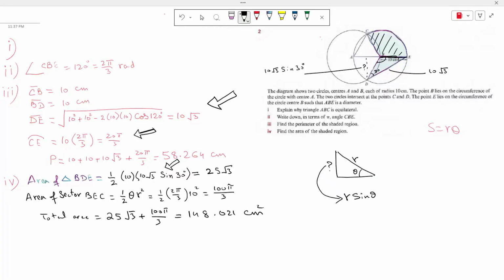And of course the area of a triangle, and the formula for the area of a sector, a part of a circle. So using these simple relationships, we are able to solve this problem. Thank you very much for watching.